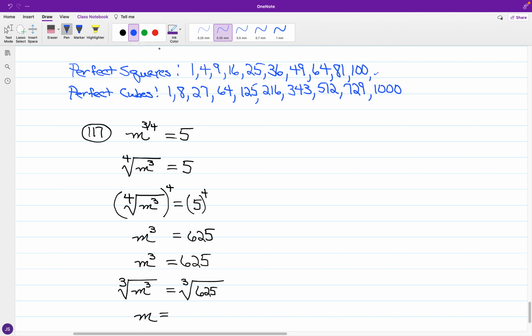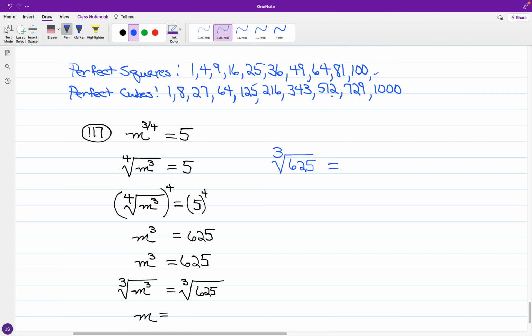And if I were to look at reducing, say if I had to give an exact value for m in reduced terms, we have 625. You notice 625 is between 512 and 729, but it is not among the perfect cubes.